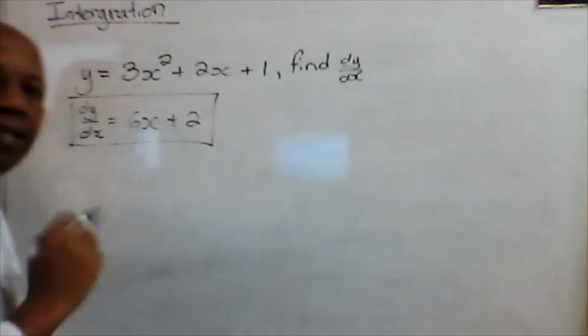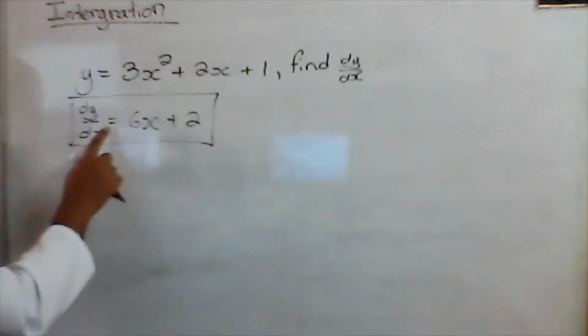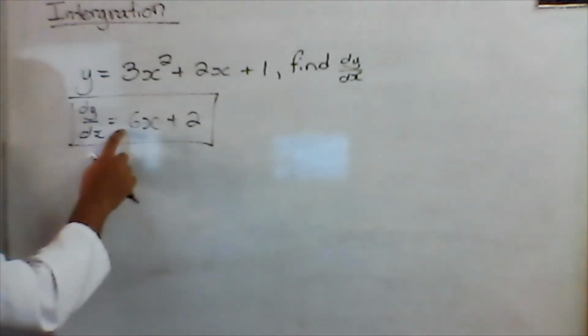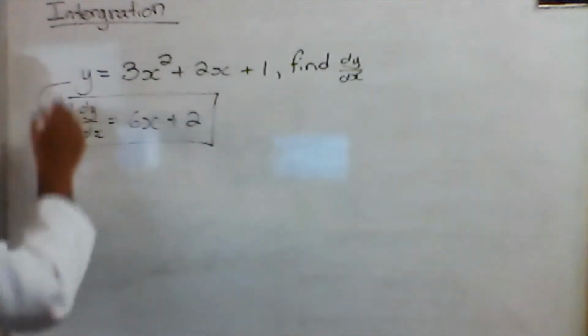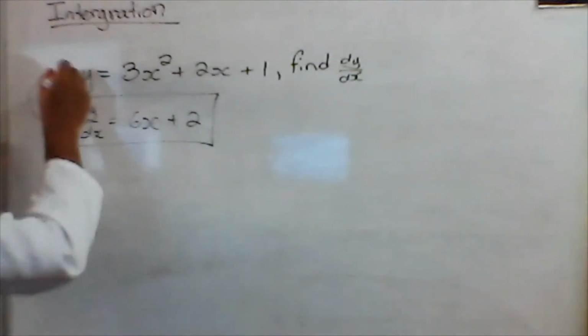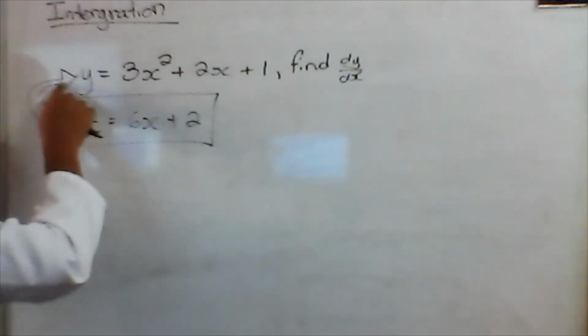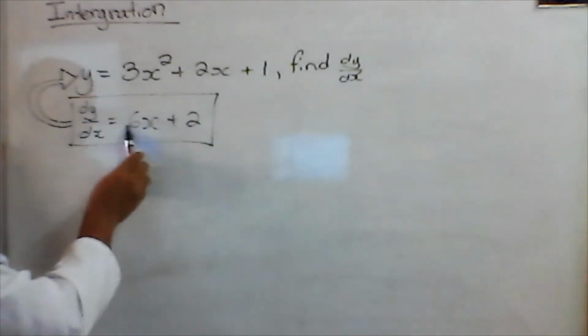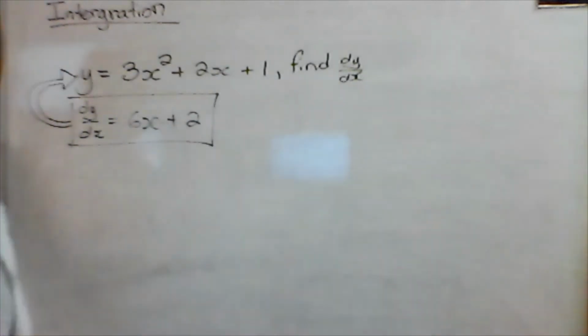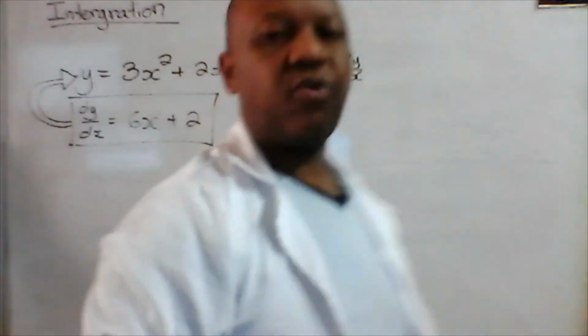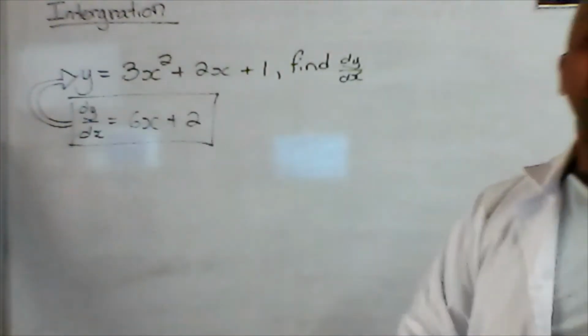But now let's suppose we were given this to start with, and they want us to find the function that was differentiated to arrive at this gradient. So we want to find the original function that was differentiated to get that gradient.